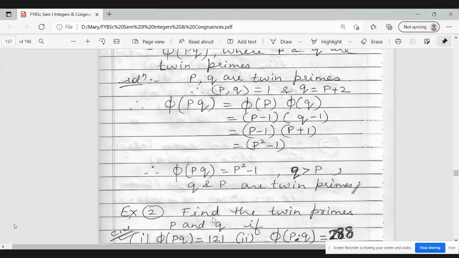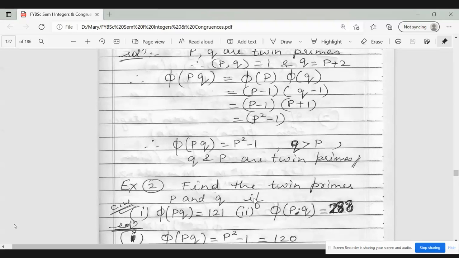Okay, look at this. Find the twin primes P and Q if phi of PQ is 120, or phi of P into Q is 288. Now phi of PQ, we derived here, na? It's P square minus 1, with P the smaller prime.